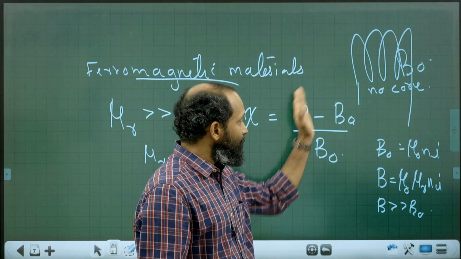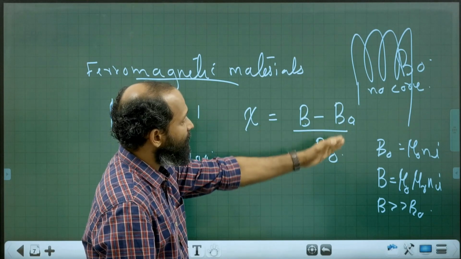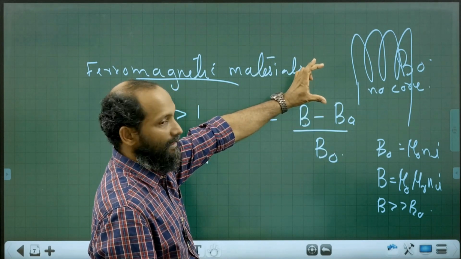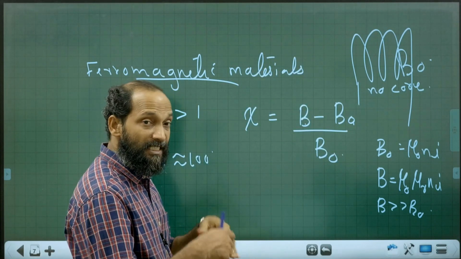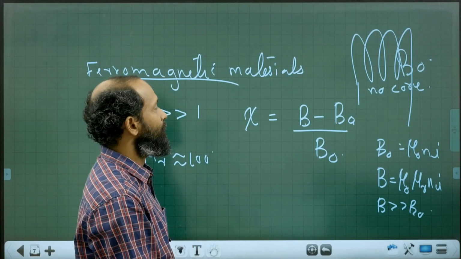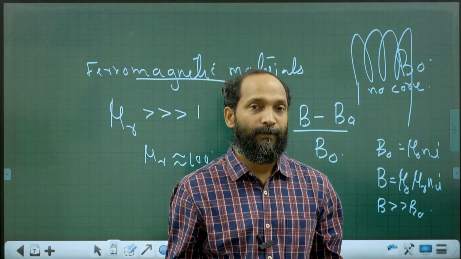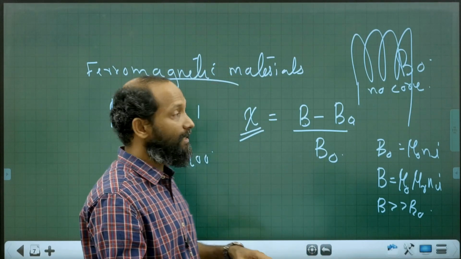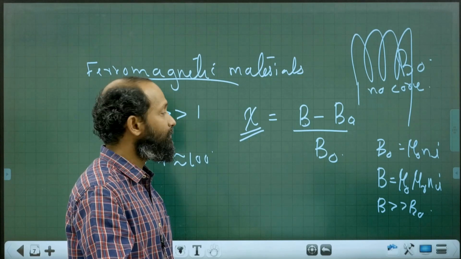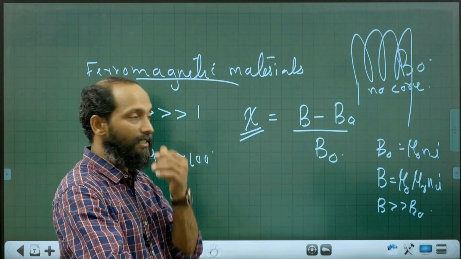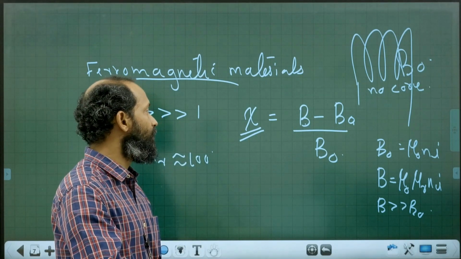That is why that fractional increase in the magnetic flux density of that solenoid in the presence of the soft iron core, that fractional rise is called susceptibility. Ferromagnetic materials are highly susceptible. That is why susceptibility is larger. That percentage increase in the magnetic flux density is called susceptibility.